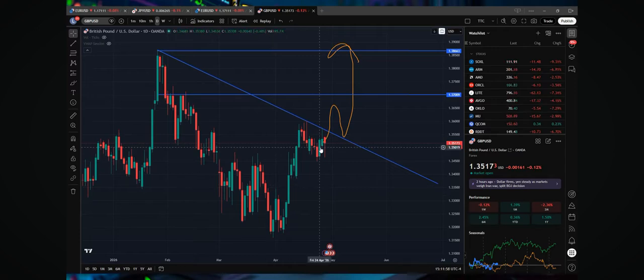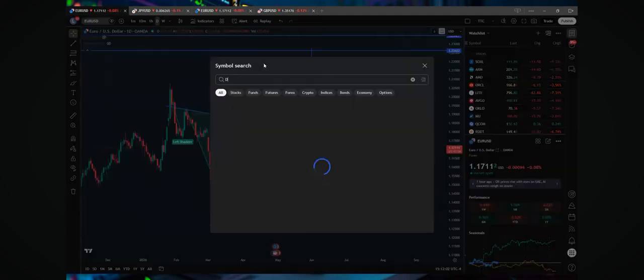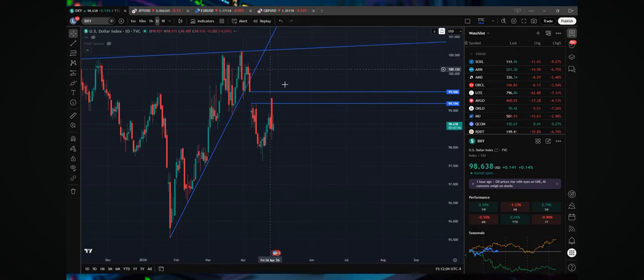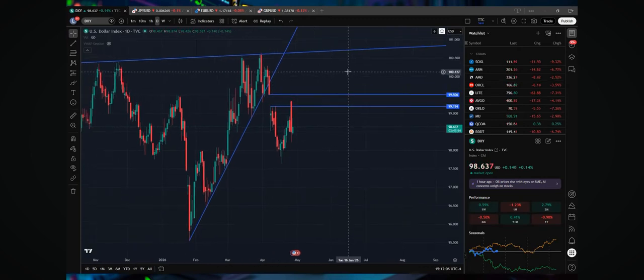All right. And the final chart I'm going to cover is the DXY, the dollar index. On the DXY, we were potentially looking to try and break past this 100 level, but we've begun to put in a base.